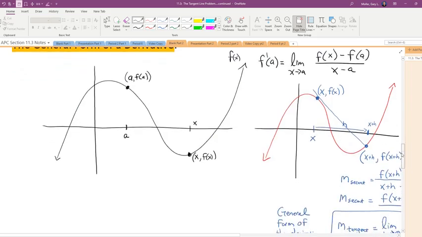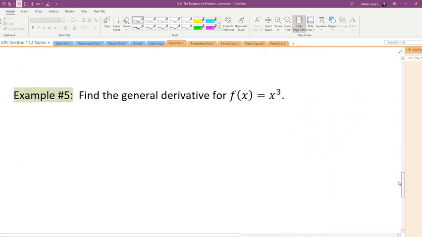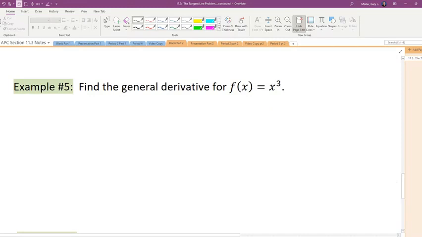Let's keep moving on. All right, find the general derivative of f of x equals x cubed. So that's just going to be us, once again, finding the limit as h goes to 0 of our difference quotient.